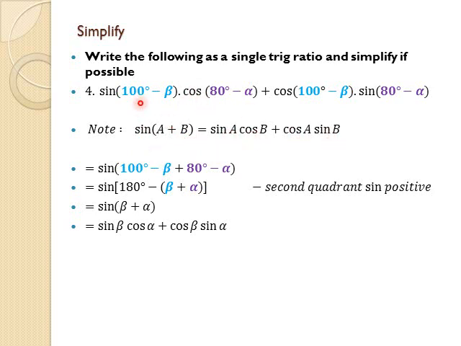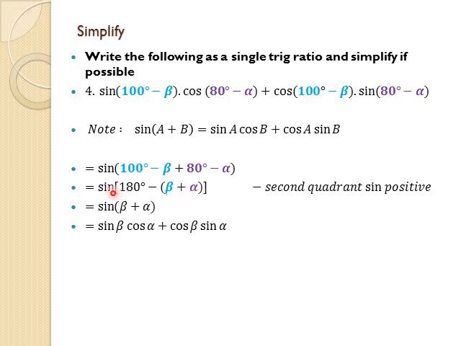Back to that. So I have 100 minus beta plus 80 minus alpha. So 100 plus 80 gives me 180. I'm left with minus beta minus alpha. If I take out the negative, then beta becomes positive and alpha becomes positive. So sin of 180 minus beta plus alpha falls in the second quadrant.